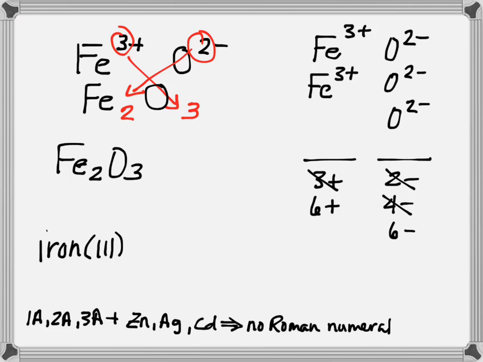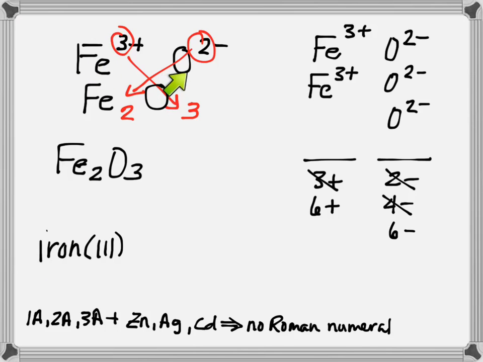All of the other metals, you have to give it a Roman numeral. Iron forms 2 different ions, plus 2 and plus 3. And there's nowhere we can tell from the periodic table. So if we're writing the name of this compound with oxygen and we don't tell the charge, the person reading the name will not know which compound we're talking about because there's 2 different compounds between iron and oxygen. So this is the name for this iron 3 plus ion.